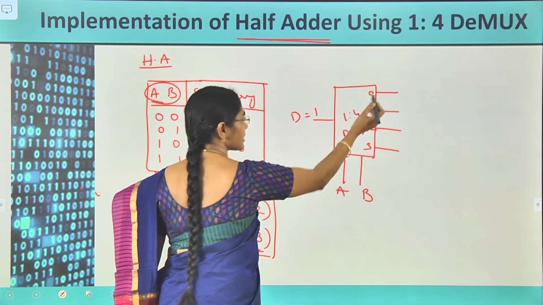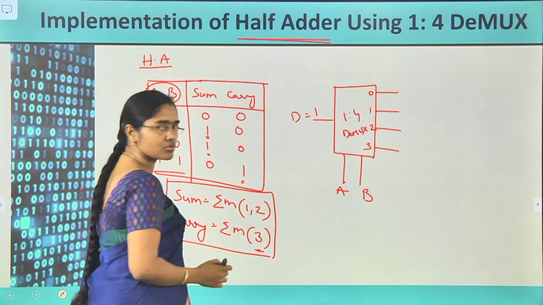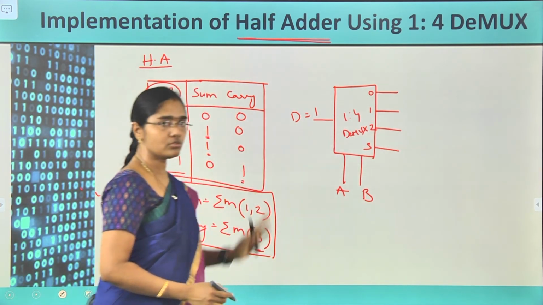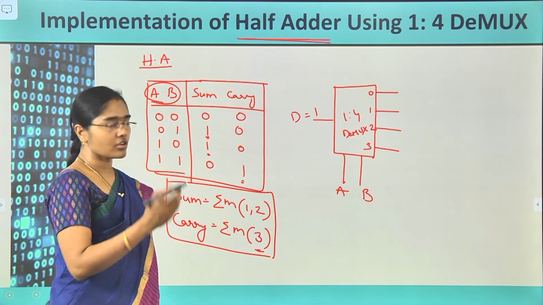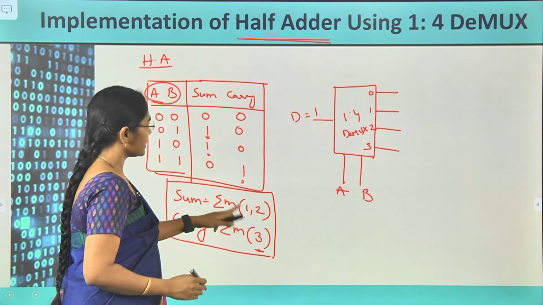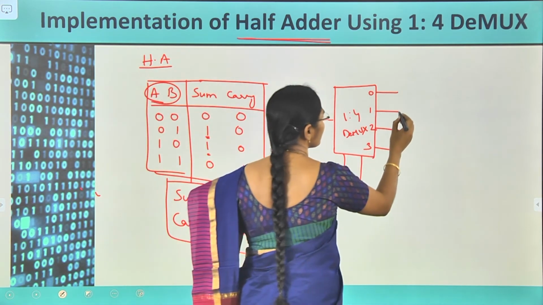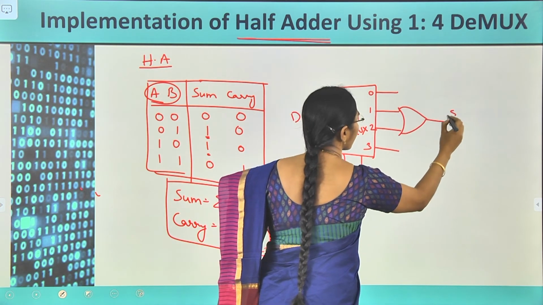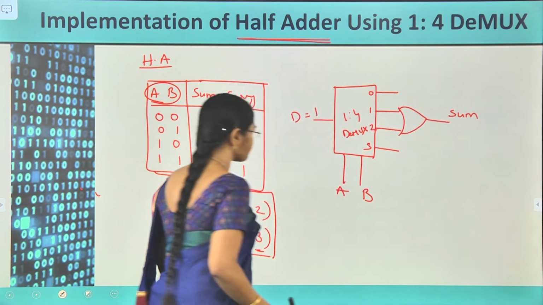That means D is connected to here. So depending upon the values of AB, logic 1 will be connected to these lines, and that logic 1 is connected to sum. So at the minterms of 1 and 2, use 1 OR gate to have the sum output.